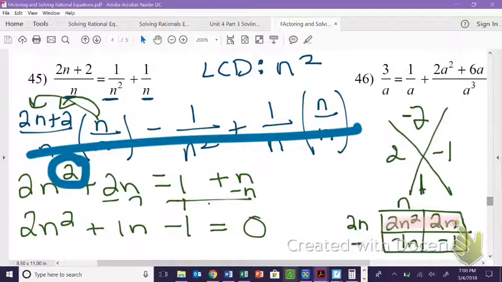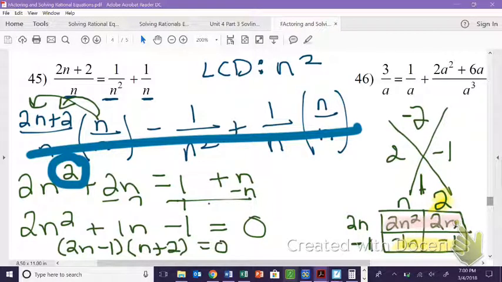All right, so this becomes a -1 down here because they both share. If you look at that, I'm not even following my own advice. They both share a negative, so you can pull out a -1. And then last but not least, we have a 2 up here. So my parentheses become 2n minus 1 times n plus 2 all equals 0.